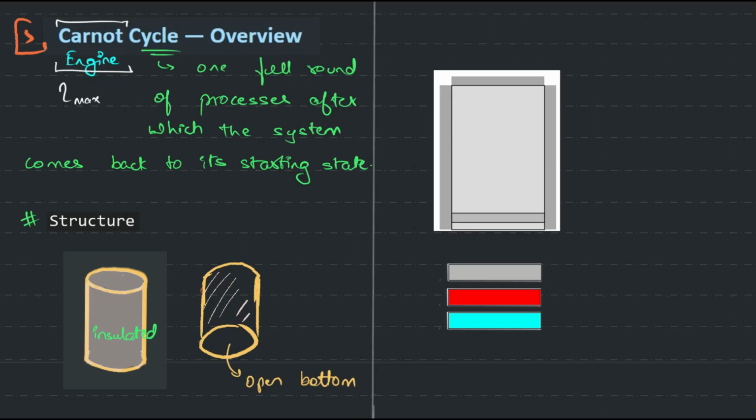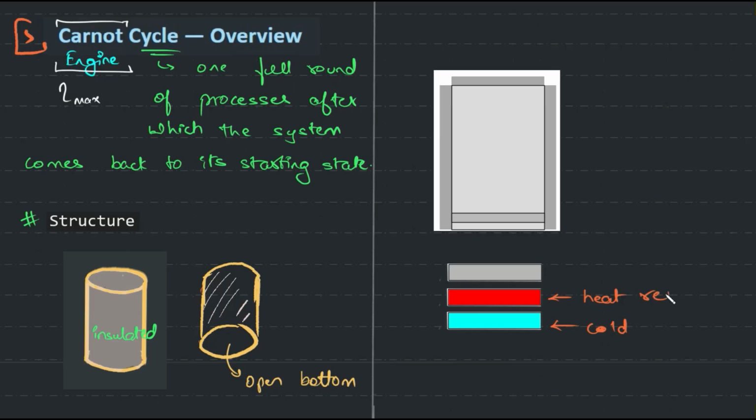We are able to expose the engine to the heat source and the cold source. We need to let the system interact with the surrounding. So why do we need to interact? What will happen? That's what we are going to understand over here.